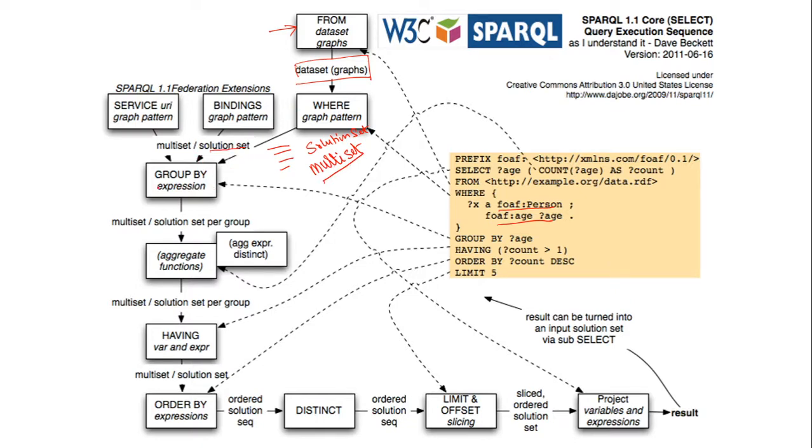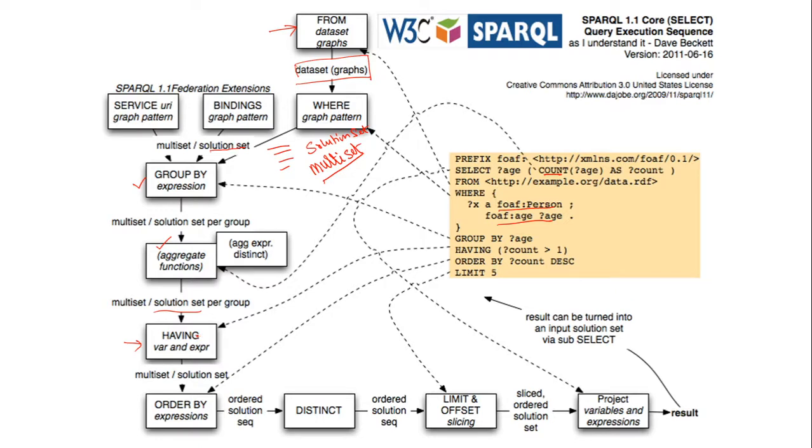Then you apply the group by operator. After applying it, you partition the records in different forms, and for each partition you can apply a set of aggregation functions, like the count aggregation function here. At every step, you are getting a multi-set as well. After you get this aggregated view of the data, you can apply some constraint using the having clause.